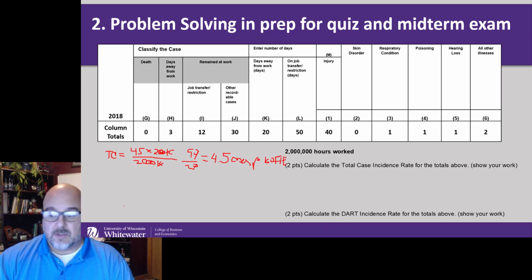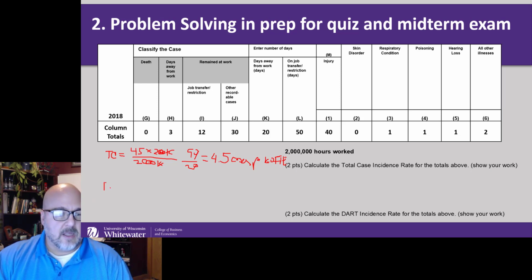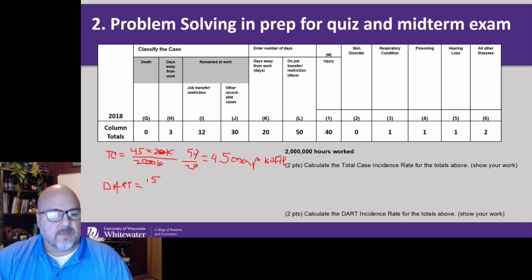So let's go to the next one, the DART. The DART incidence rate is just H and I, which is 15, times 200,000 divided by the hours. And if you look at it, it's 1/3 of the total, so it'll be 1.5.